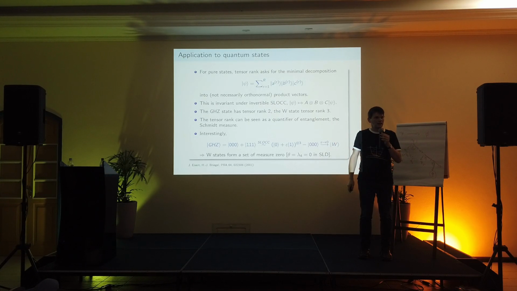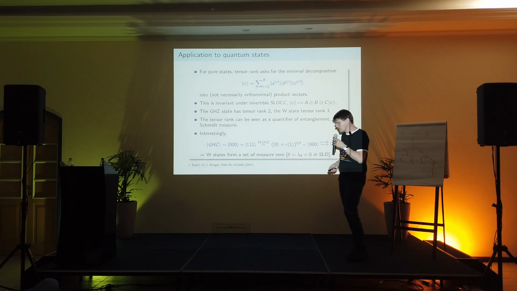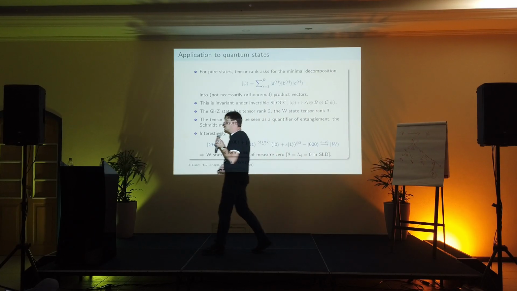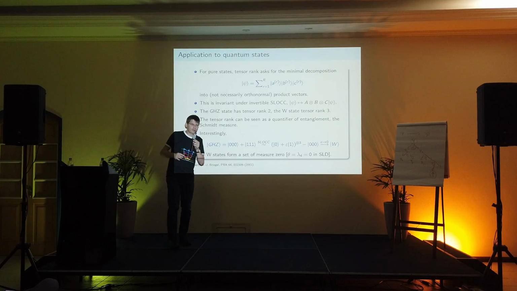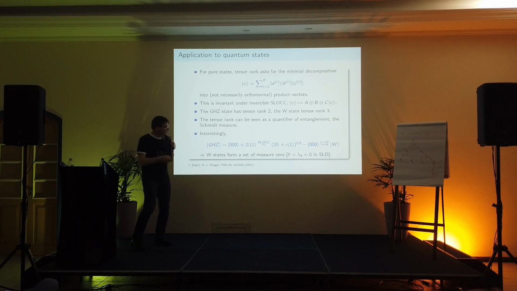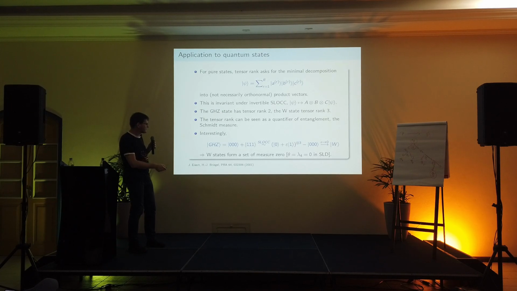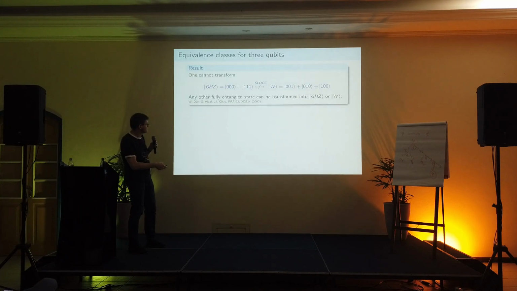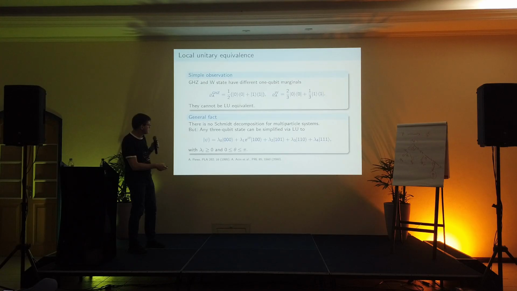But why does it have 0 measure? Okay, if I talk about 0 measure, I should tell you what the measure in the state space is. I should tell you some more about the volume. But no, what I mean is the following. What one can prove is that in this kind of Schmidt-like decomposition, all states can be written like that.